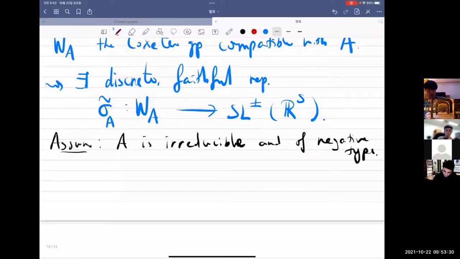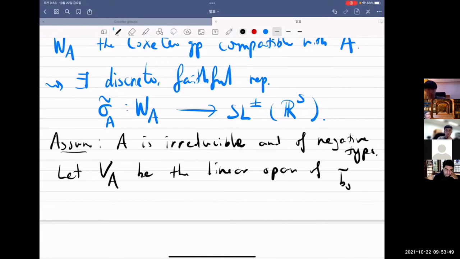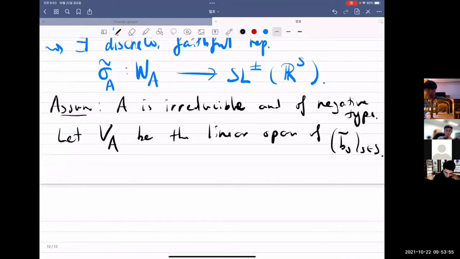But now we can get some more general case. How can we do that? So let VA be the linear span of the B S tilde. Okay, and then this VA is preserved by the reflection group.